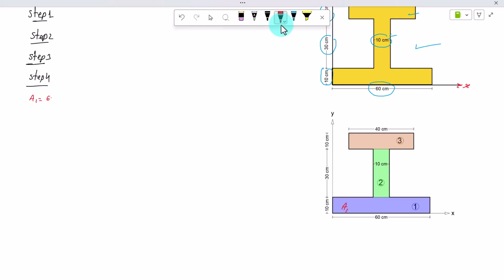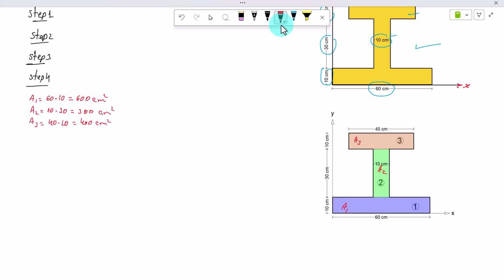A1 equals 60 times 10 equals 600 square centimeters, and area of web A2 equals 10 times 30 equals 300 square centimeters. And also area of top flange A3 equals 40 times 10 equals 400 square centimeters.